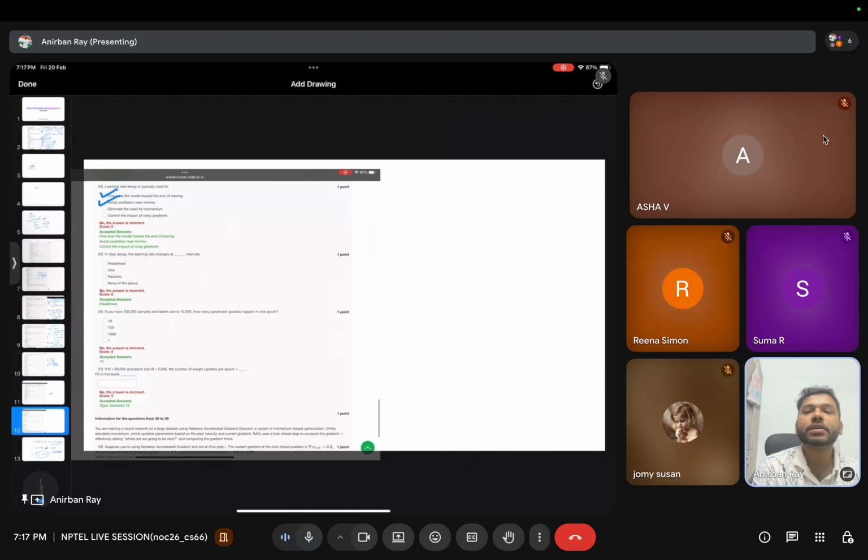Noisy gradient means that maybe the batch size is too small, so the gradients are not optimal. Okay, in that way noisy.